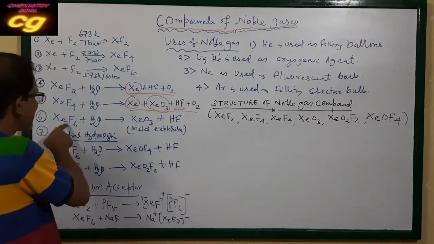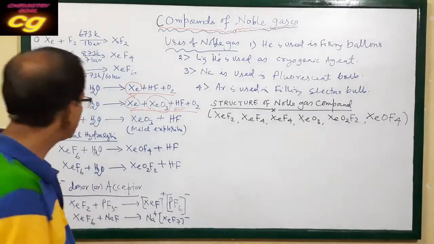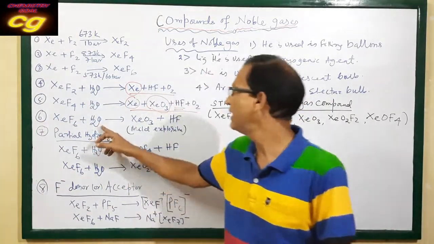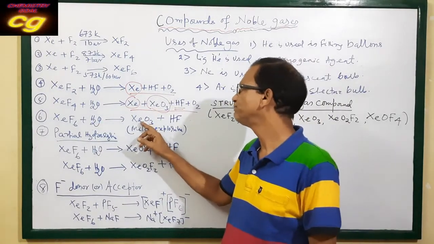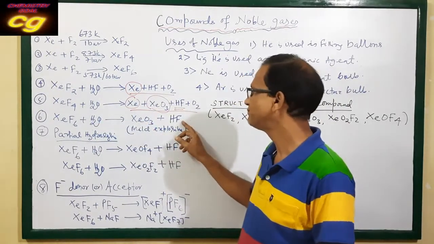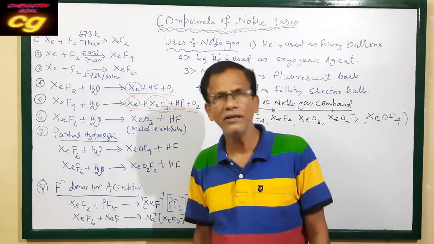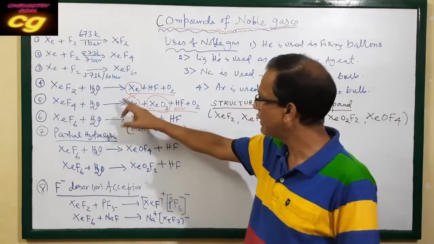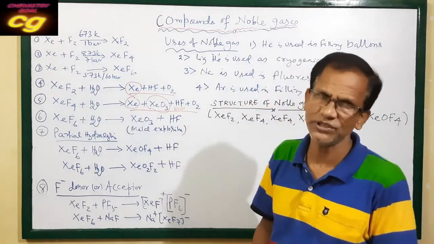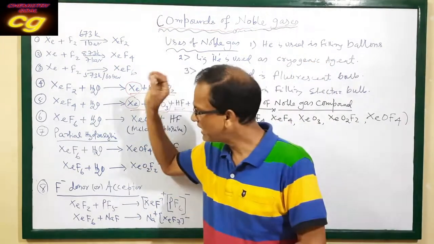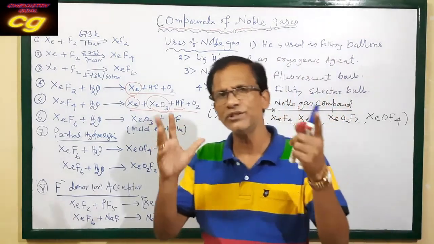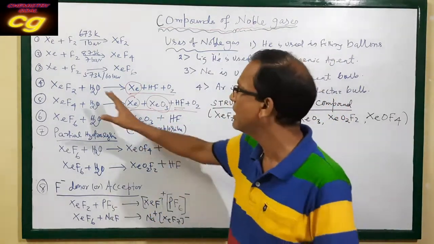So when xenon hexafluoride undergoes hydrolysis, it produces xenon trioxide and HF, and this trioxide is mildly explosive. This is the product of complete hydrolysis, where the amount of water required for hydrolysis is taken.